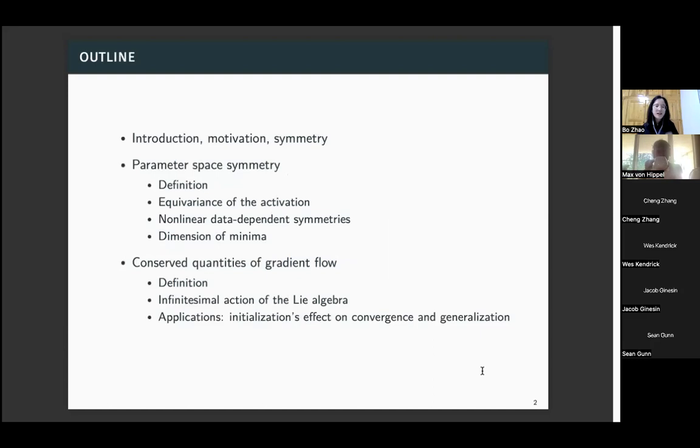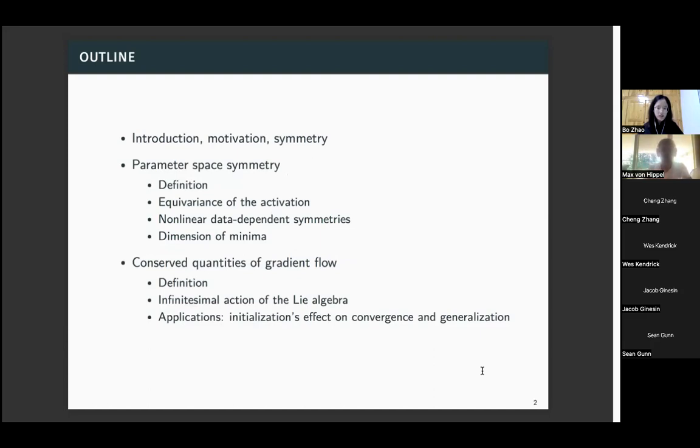So here's the outline of my talk. I'll start from definitions of symmetries and group actions. And after that, I'll give the formal definition of parameter space symmetry. We'll show that most of this symmetry comes from the equivariance of the activation function. We also present a set of new nonlinear and data-dependent symmetries.